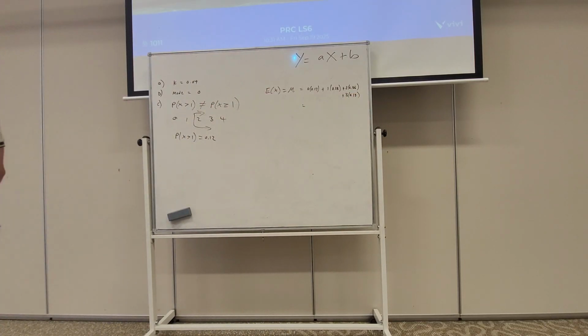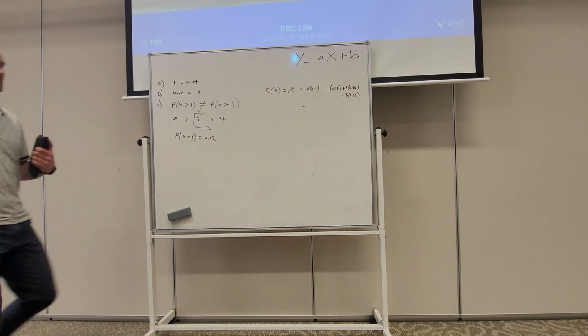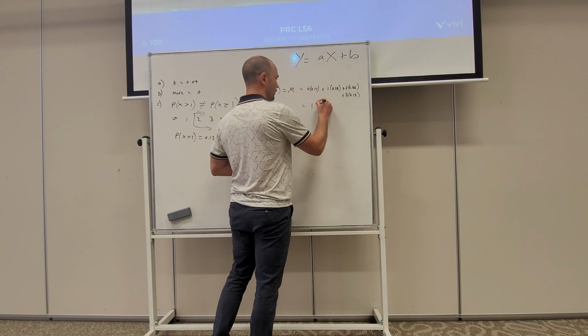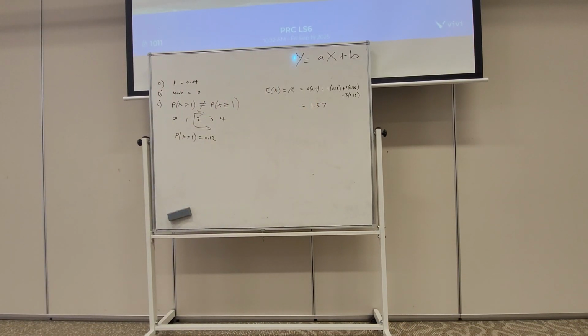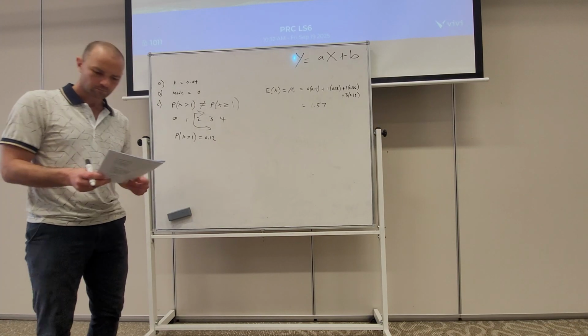And we'll evaluate that. 1.57. Thank you, 1.57. Okay, so what this means, it's an average result. So on average, based on the probability distribution, we expect Ernie to catch 1.57 fish per trip.